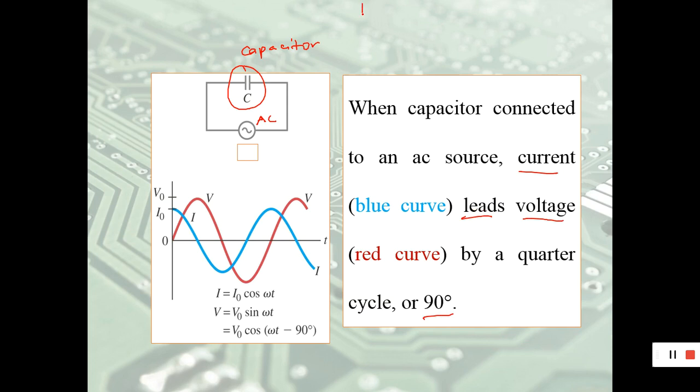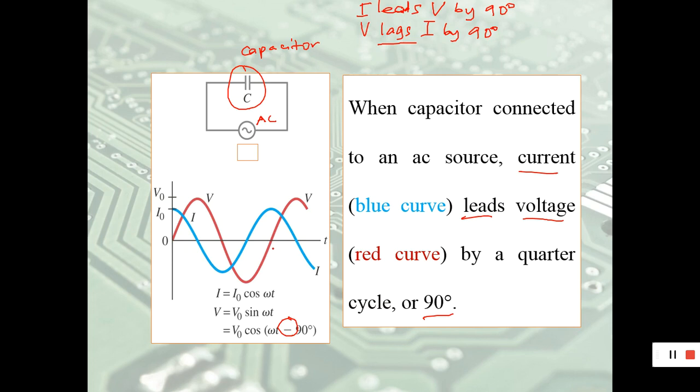So we can write I leads V by 90 degrees, or in other words, V lags I by 90 degrees. Lags here, we will put negative. So V is behind I by 90 degrees.